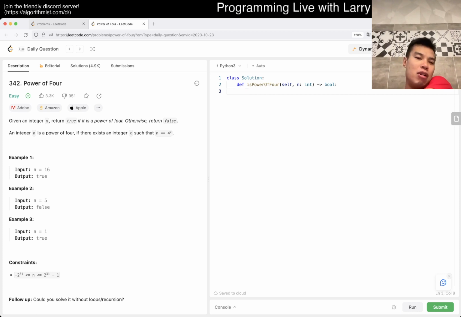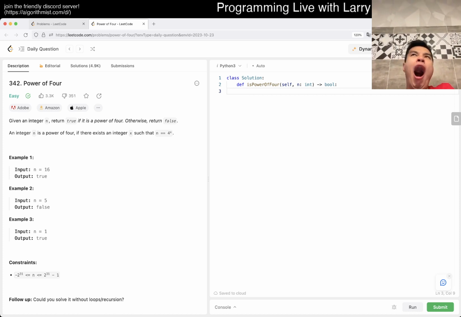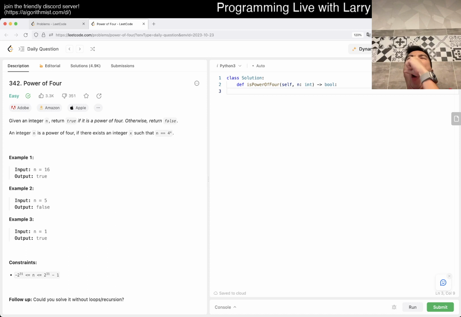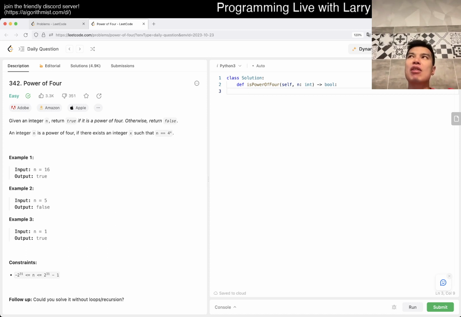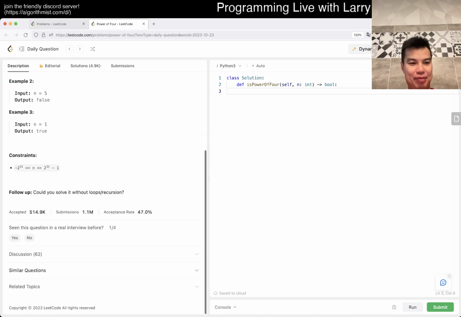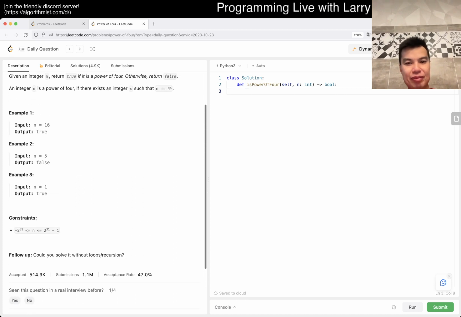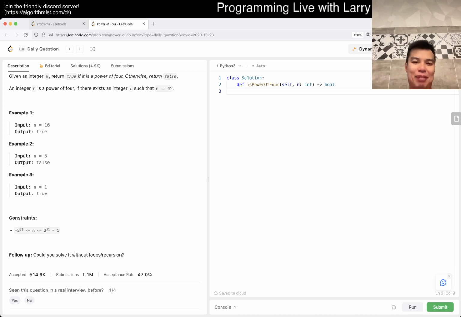Well, what does a power of 4 look like? There are only like 10 numbers that are within the range of the constraints.